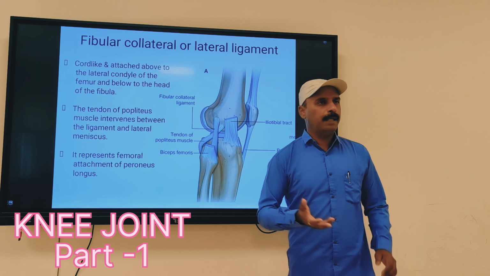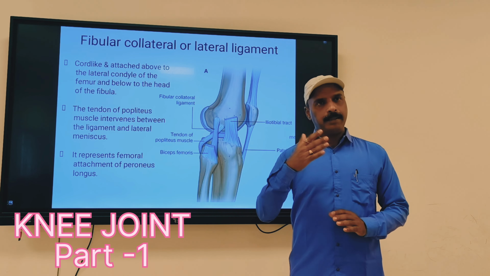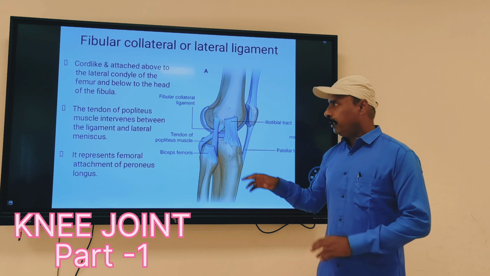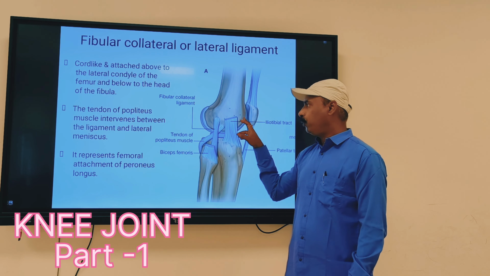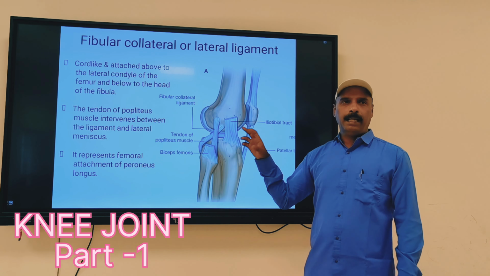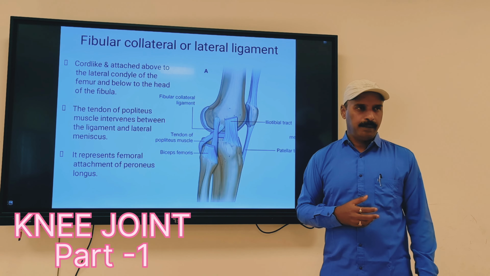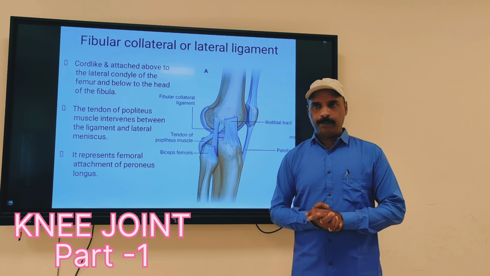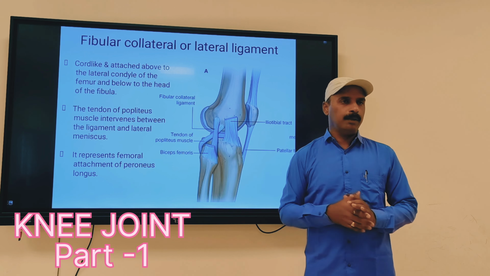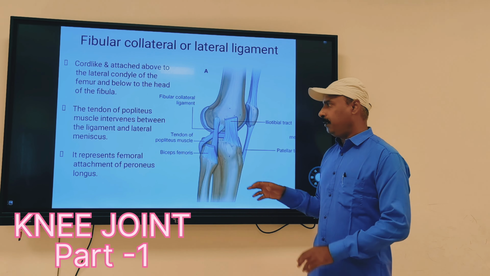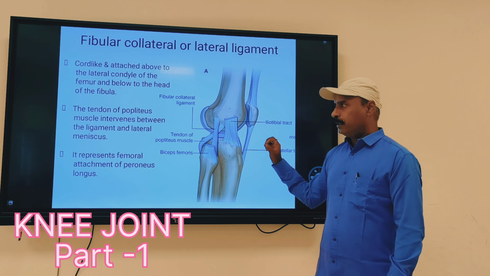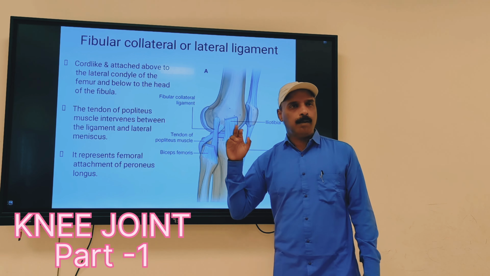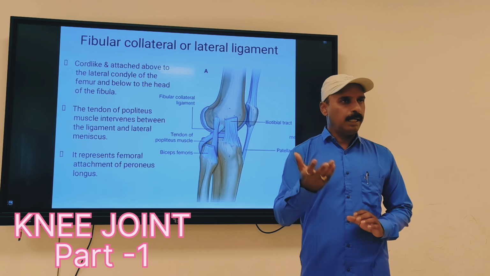Next comes the fibular collateral ligament. Again by name, it is the lateral supporting ligament of the knee joint. As we have come across, I have told you about the C-shape attachment of the biceps femoris on the head of the fibula, that is the fibular collateral ligament.